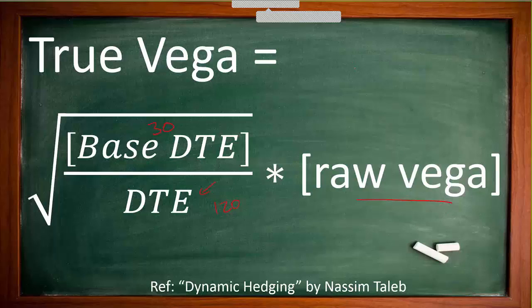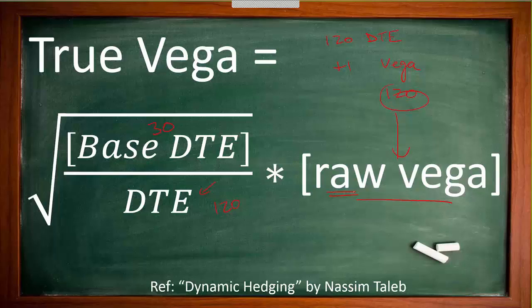Well, if the software that you're using, be it TOS, Interactive Brokers, doesn't matter, says I'm buying one particular option, this is at 120 DTE, and the Vega column says this has a Vega of 120, then the raw Vega is that. It's whatever the software tells you that the Vega is. We call it raw because it's unweighted. But this is the standard number that you see in the software.